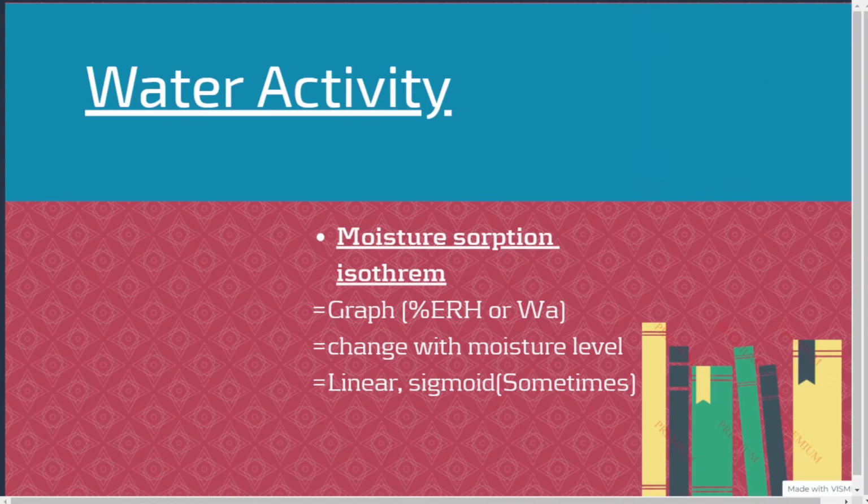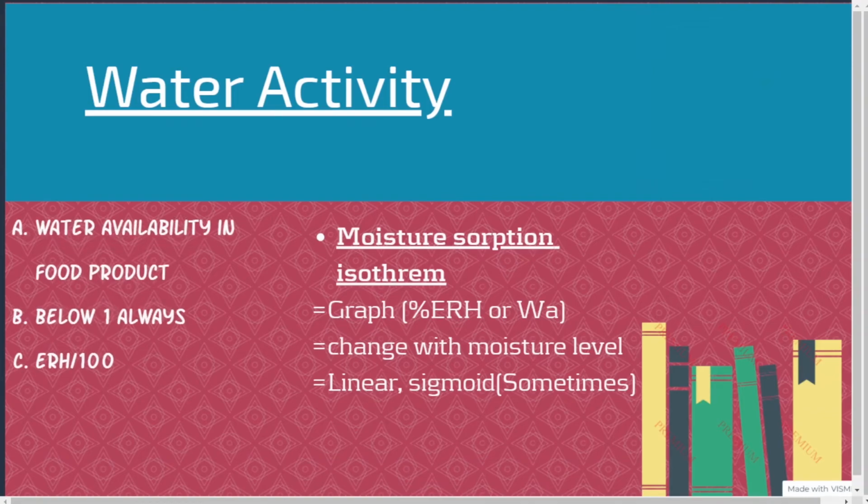As I have already told you, water activity is all about the water available in the food. One very interesting fact here is that water activity is always below 1, or say less than 1. Why, sir?